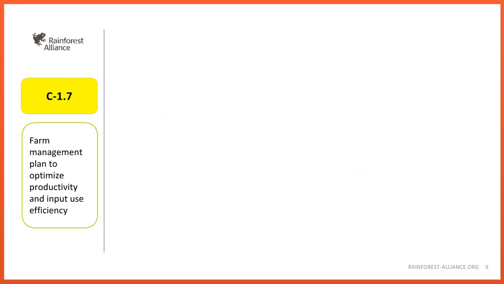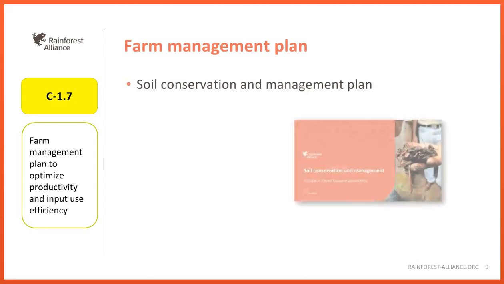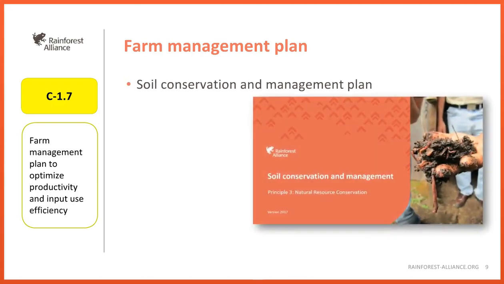You need to think about how you can spend each of these inputs as effectively as possible. Your thoughts and ideas to optimize the input can be written into plans. Actions to use fertilizers efficiently, improve your soil, and increase your productivity can be written in a soil conservation and management plan.